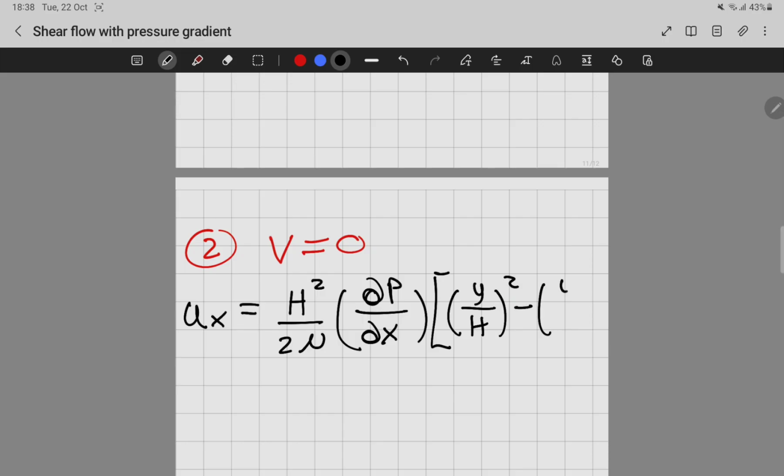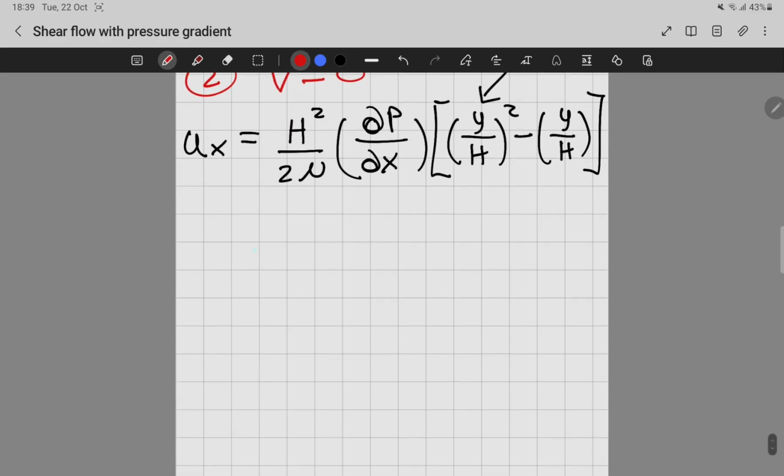And you can recognize that this is a parabolic equation because we have a parabolic term. So the profile will look something like this.